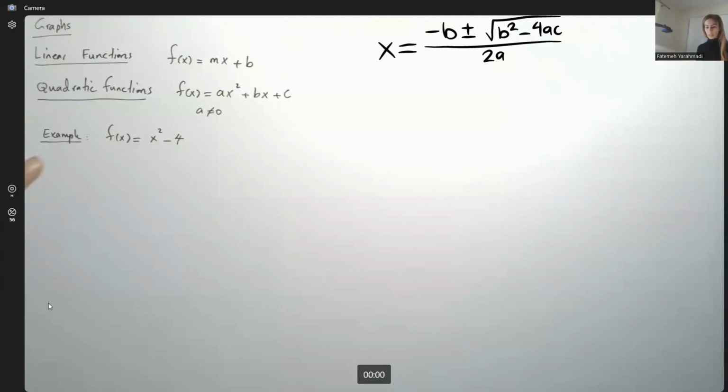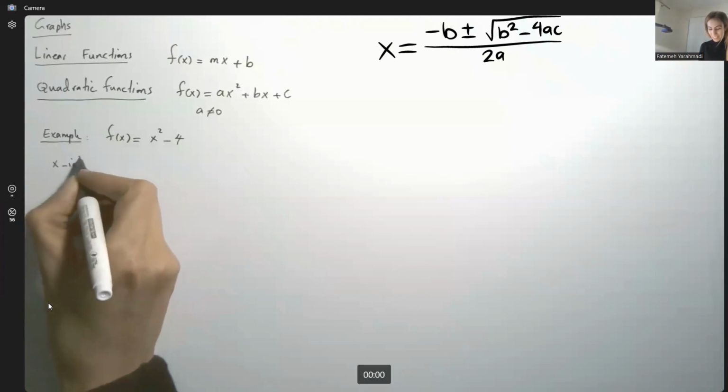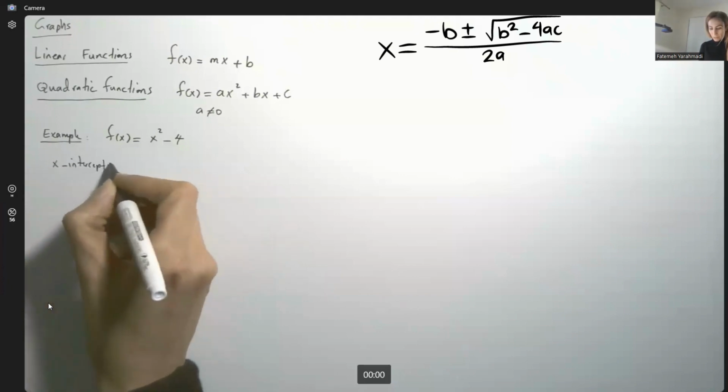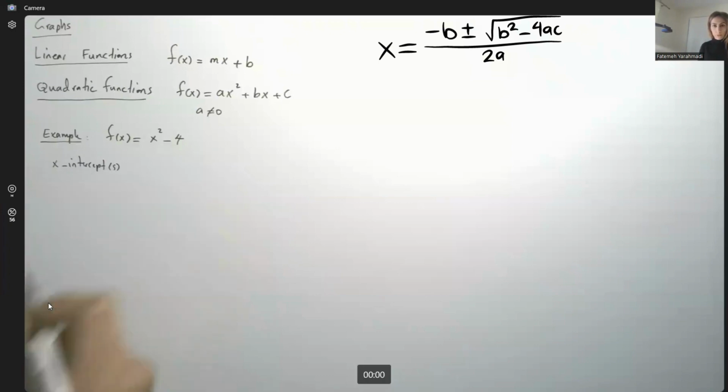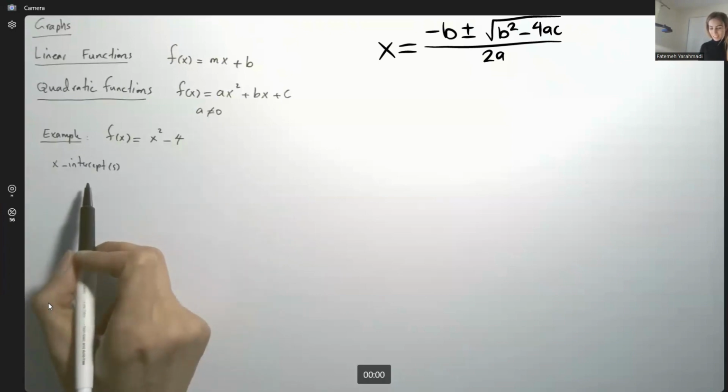Basically, for this example, like what we did before, we're interested in finding the x-intercepts, at which points this graph actually hits the x-axis.